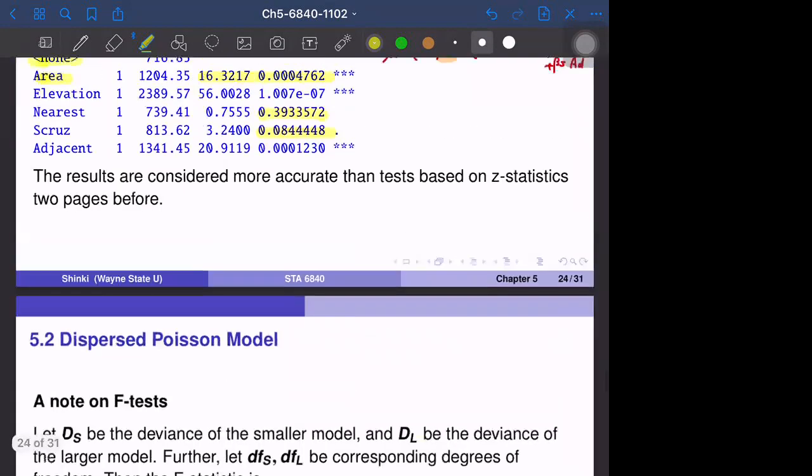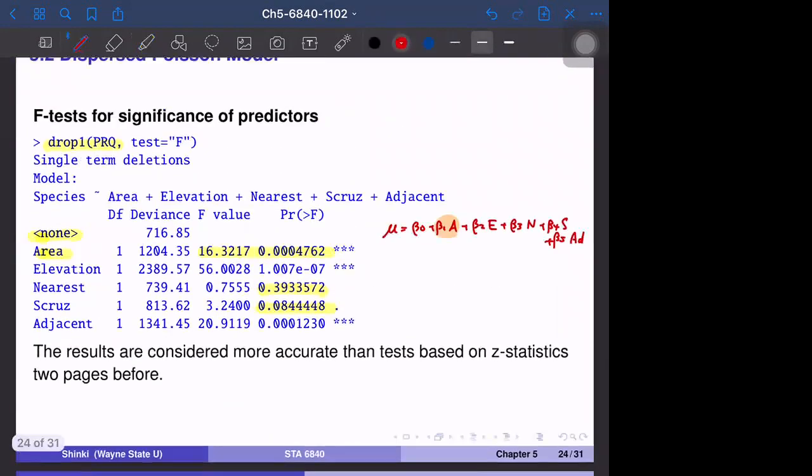So in the previous case, what's the F statistic? Think about how this was obtained. Basically, this is the difference in deviance: 1204.35 minus 716.85, divided by the degrees of freedom.